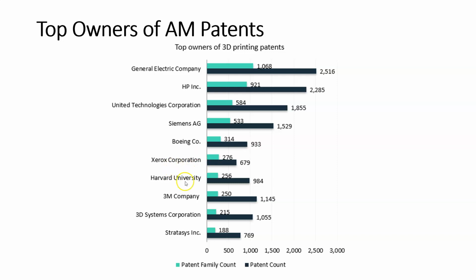Okay, Xerox, Harvard University. That's pretty interesting right there. So this is the first university that shows up in our list of top owners of additive manufacturing patents. Okay, and here's the two big boys on the block, the two originals, right? 3D Systems.